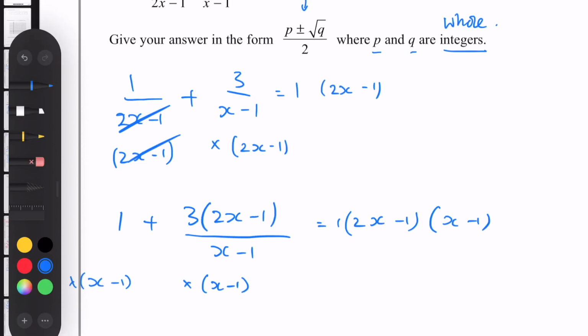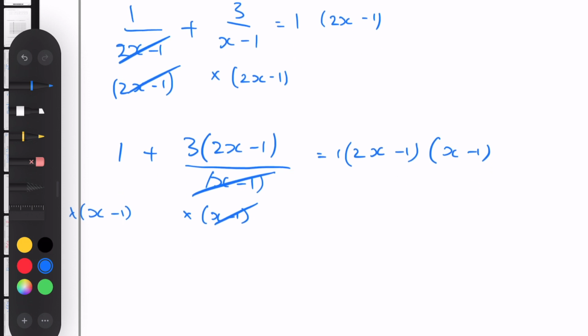And that has the impact of getting rid of this bit here. And so your new and improved equation should be x minus 1 with a 1 in front plus 3 times 2x minus 1 equals, and then 2x minus 1 times x minus 1 like this with a 1 in front.